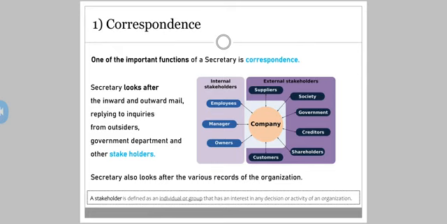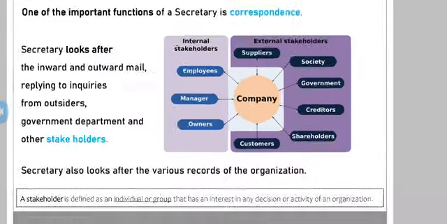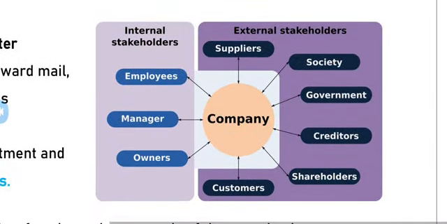Stakeholders are nothing but an individual or group connected to the organization. When I say stakeholders of a company, they are divided into two: internal stakeholders and external stakeholders. That means those persons who are connected to the company internally and those connected externally.